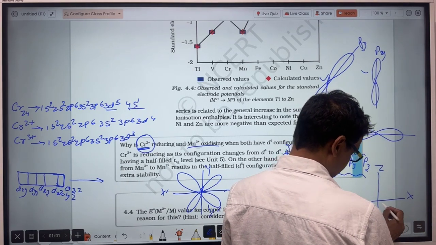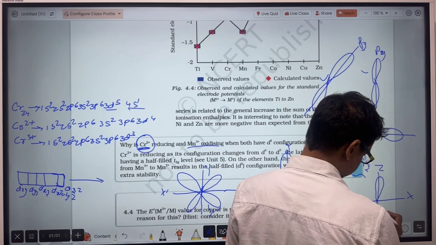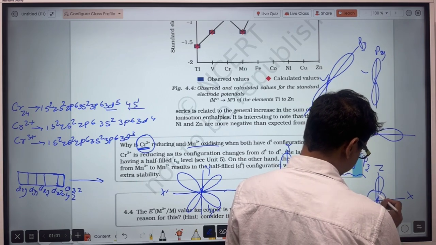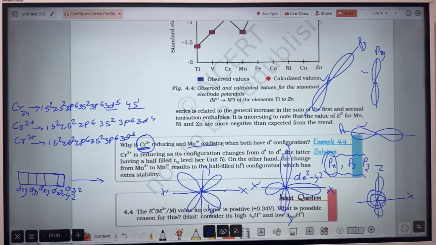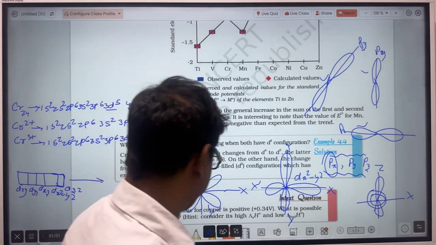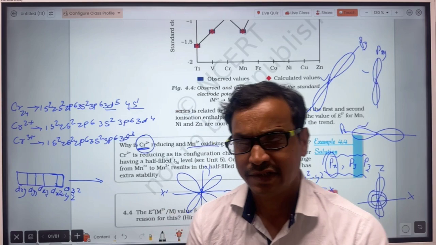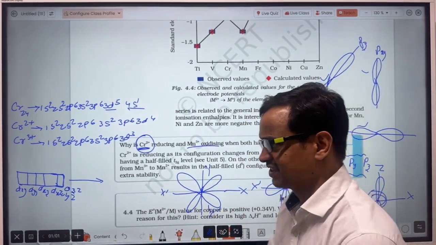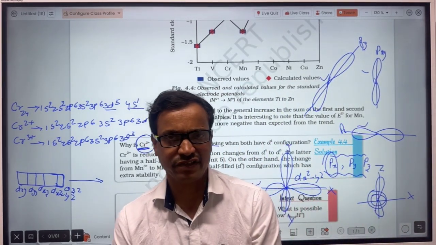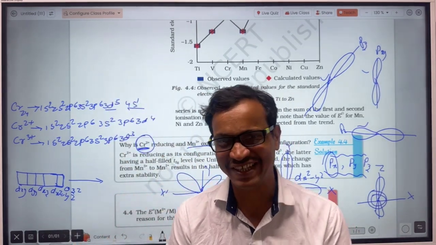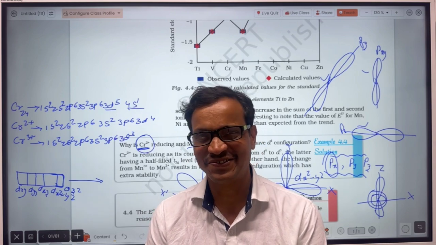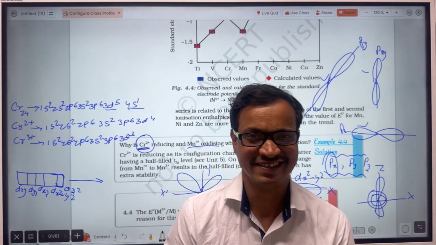One lobe will be like that, and another lobe will surround the origin. That is dz square. This will be utilized in the IIT Main as well as the NEET examination, that's why I have taught you this concept. But for those preparing only for the 12th board examination, these concepts will not harm them either, and will be easier to understand.